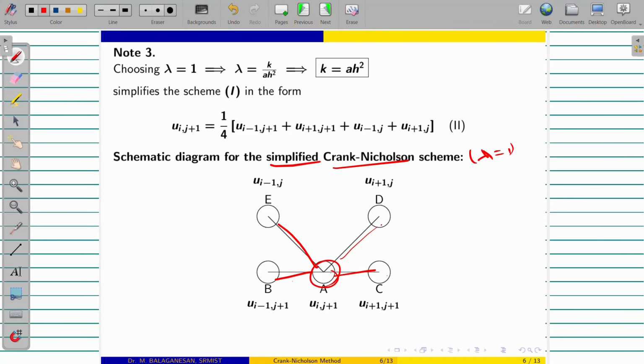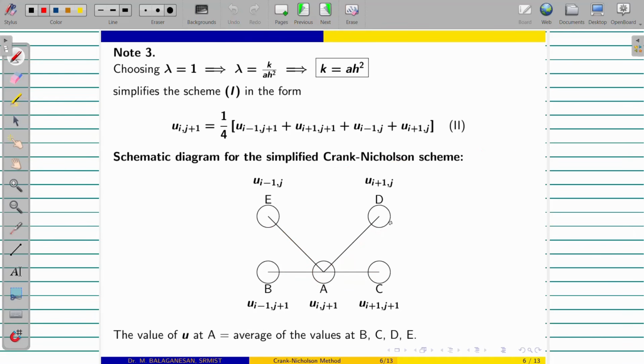Clear? If I want to find this value, I am going to find this plus this plus this plus this, divided by 4, the average of the four values. That's it, guys. It's so simple. So A is equivalent to the average of B, C, D, E.